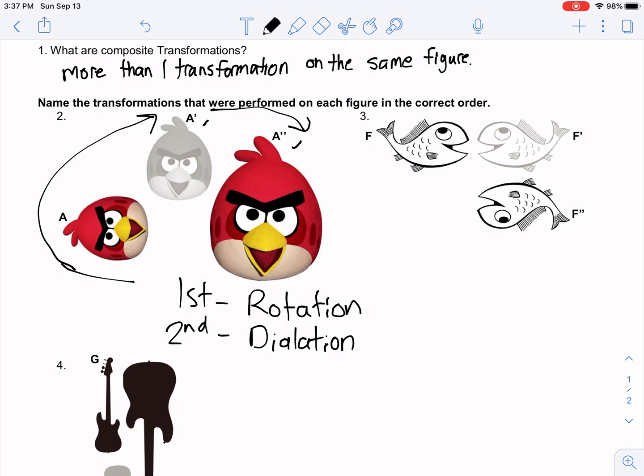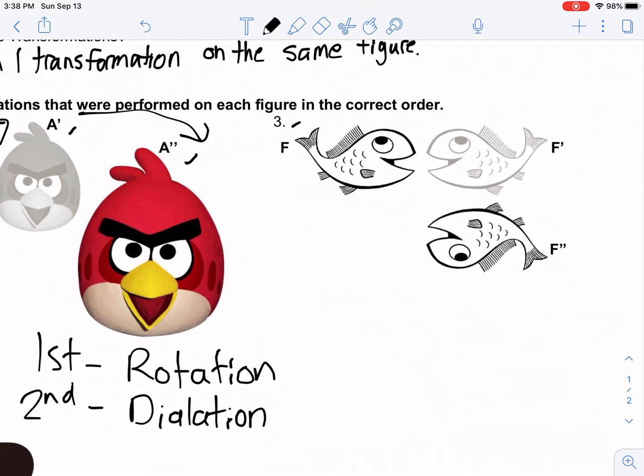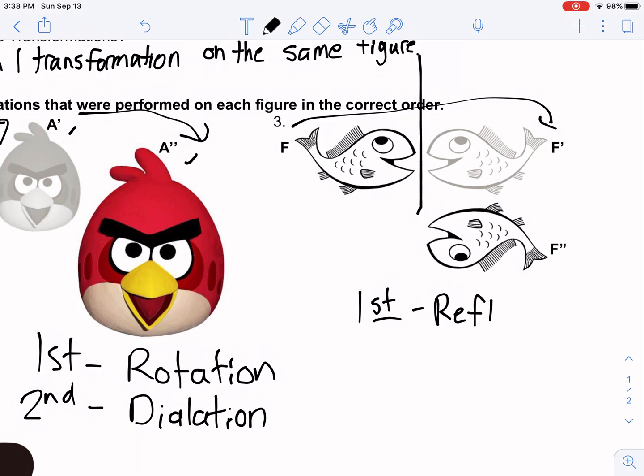What about if we're looking at number 3 here? How do I go from F to F primed? Notice if I draw a line of reflection here, doesn't that look like a reflection? Yeah, so the first transformation here is a reflection. Then what about from F primed to F double primed?